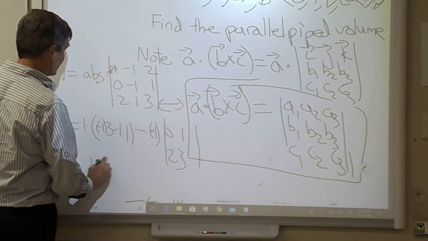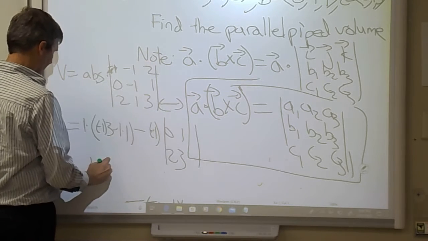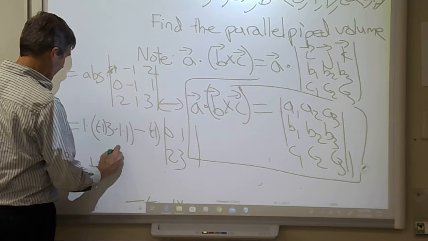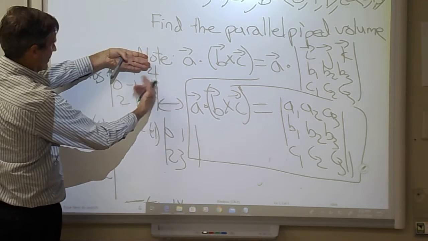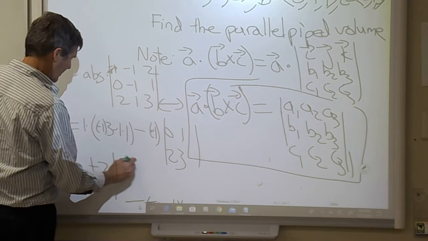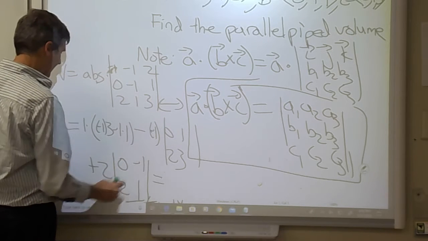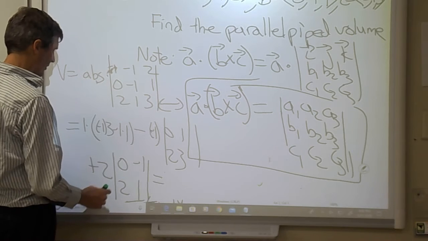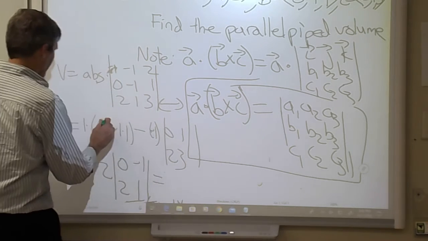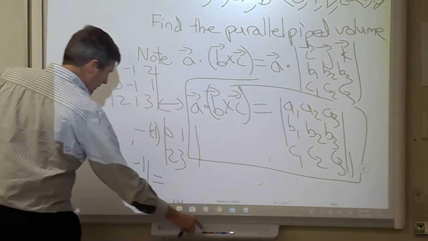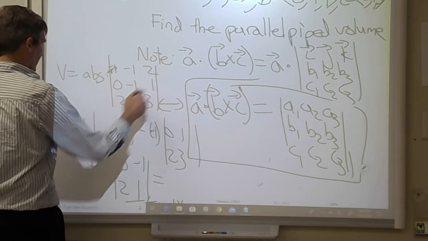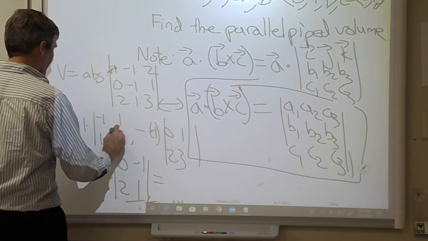And then plus the last element in the first row, times its subdeterminant, wipe out its row and column, 0, -1, 2, 1. Let's leave this as a determinant for now. So it's 1 times its subdeterminant, -1, 1, 1, 3.